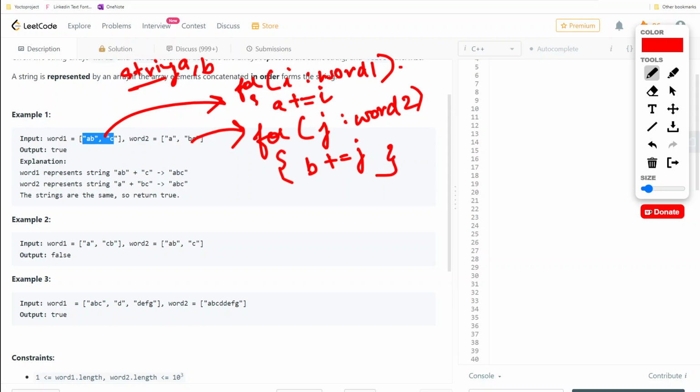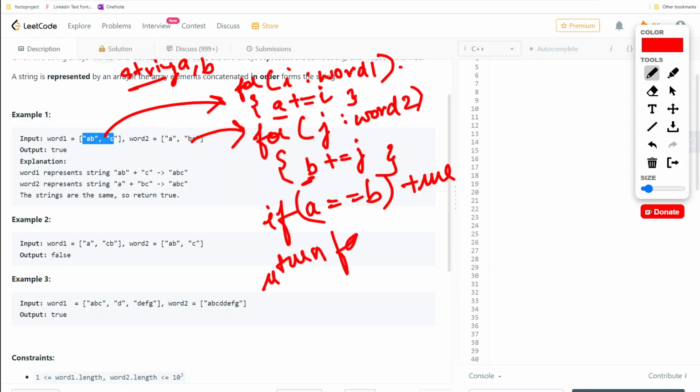So basically two separate for loops would be run, and because of that we will be concatenating each character from that word into this new auxiliary string, and then after that we will be just comparing. Because these are strings, we can directly compare. If they are equal, then our answer would be true and we return, else we will be returning false.